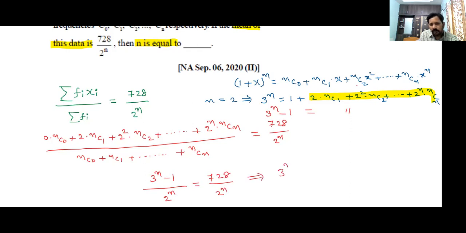Then 3 power n minus 1 is there; send it to the right-hand side: 729. This is 3 power 6. By comparing both, what is the n value? 6. This is also an easy question, but it mixes concepts, binomial and statistics.